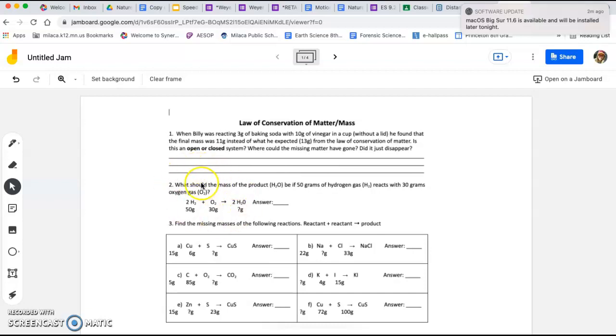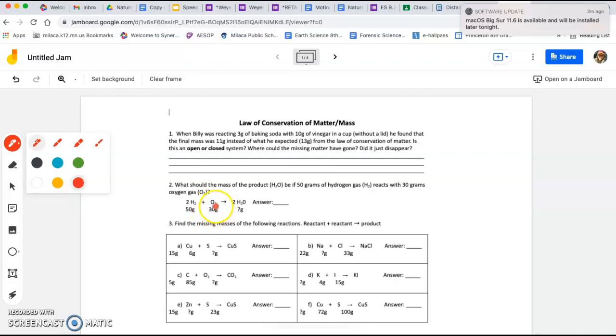So we're actually going to start with number 2 first, so I can give you a really good example of this, and then we'll go up to number 1. Number 2 says, what should the mass of the product H2O be if 50 grams of hydrogen gas, H2, reacts with 30 grams of oxygen gas, O2?